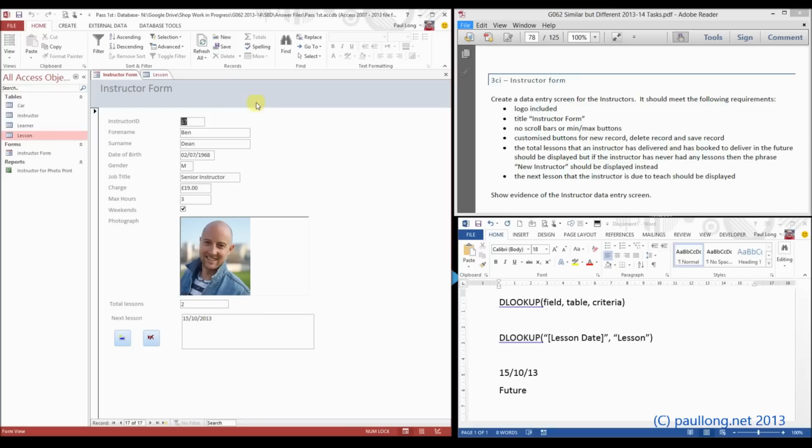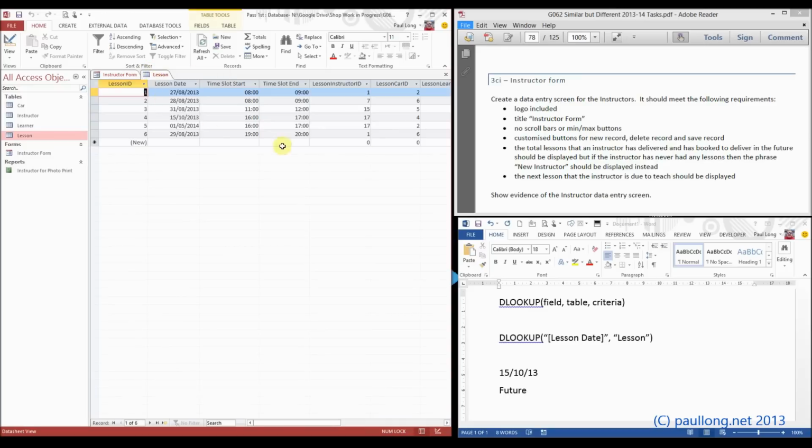When you do this, it's worth putting in quite a few different tests: some that are today's date and before the current time, and some that are today's date and after the current time.